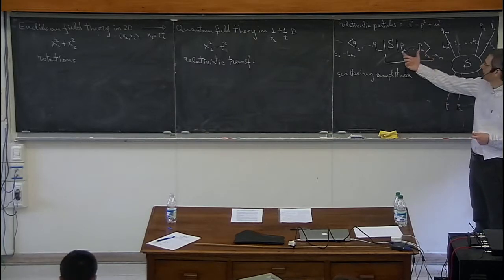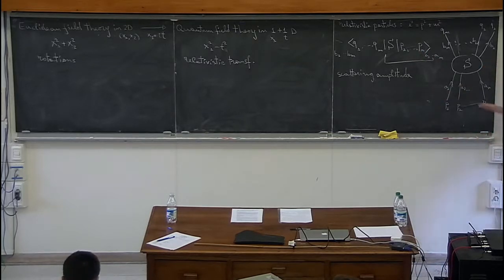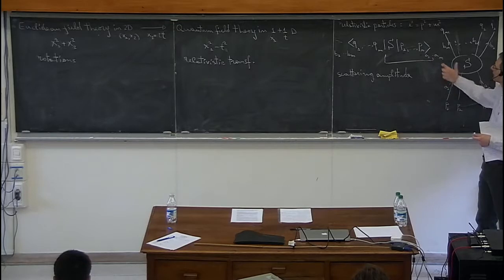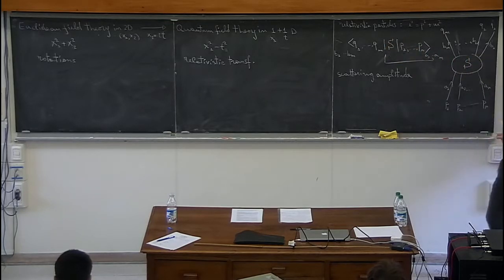Now, the states I'm using here are the states when the particles are at t equal minus infinity, for example. So I use this t minus infinity basis of states as a basis on which I compute the scattering amplitudes. So these states are called asymptotic states.